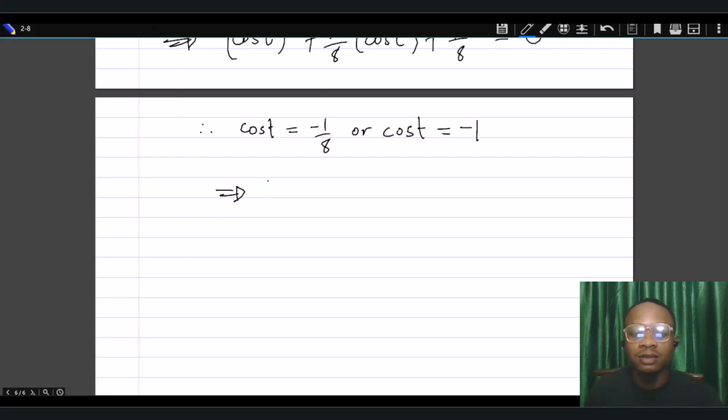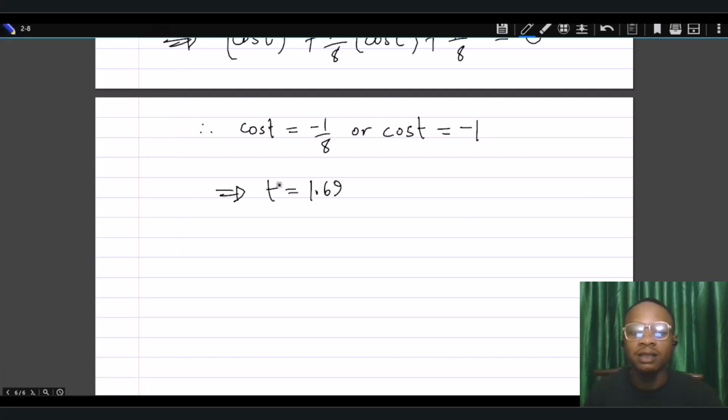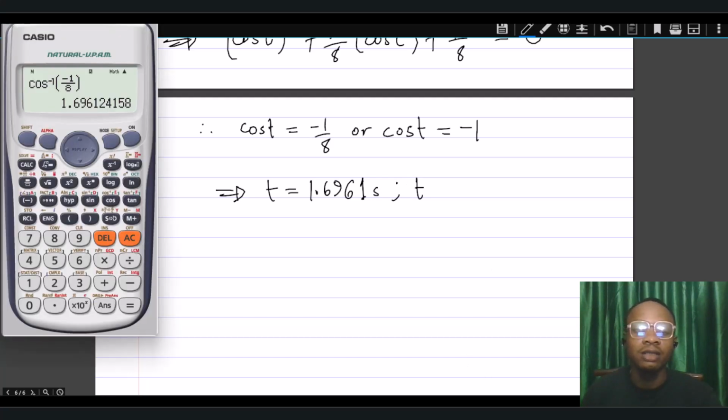This tells us that T is 1.6961. Okay, that will be in seconds, of course. And then the second part tells us cos inverse of minus 1. Let's check that.